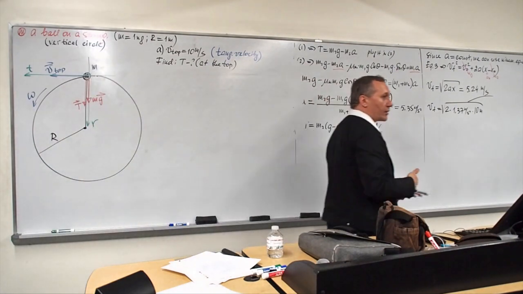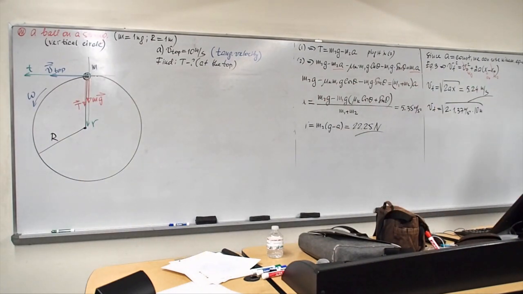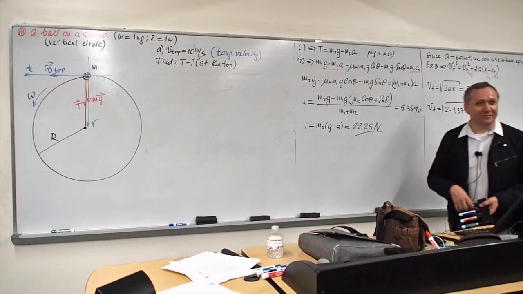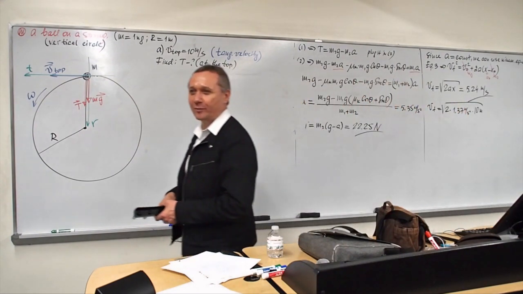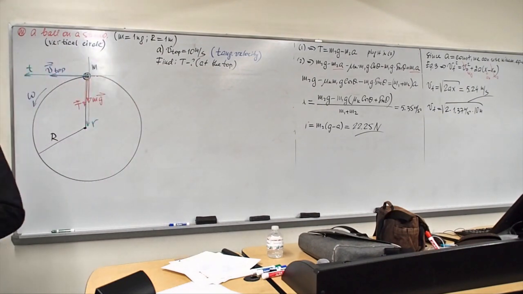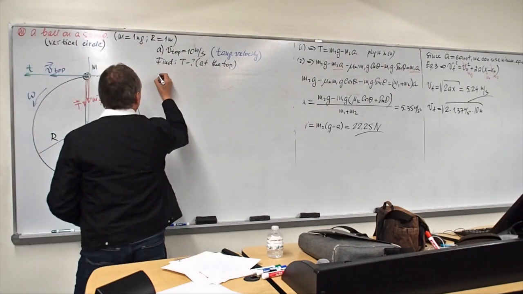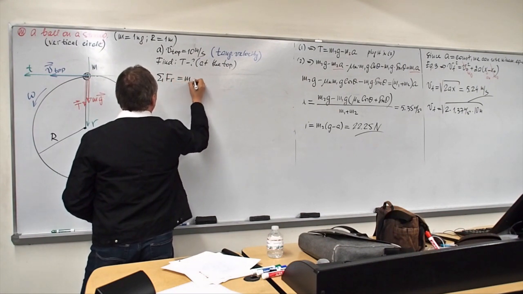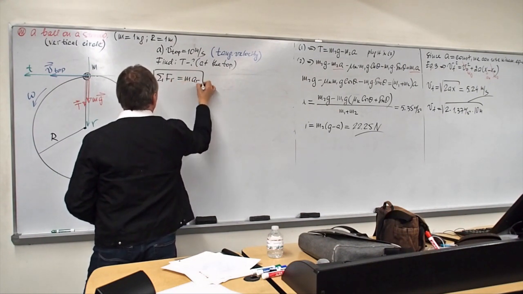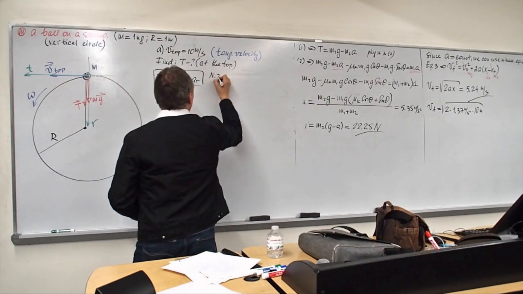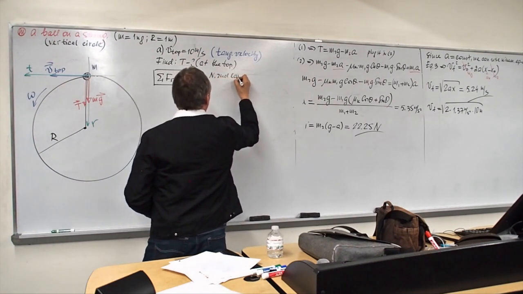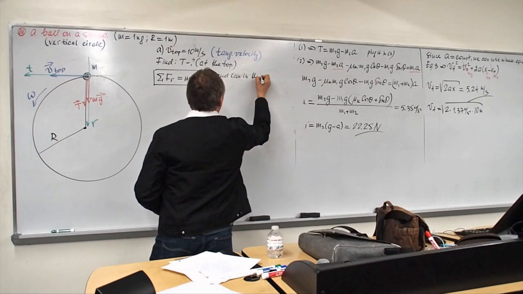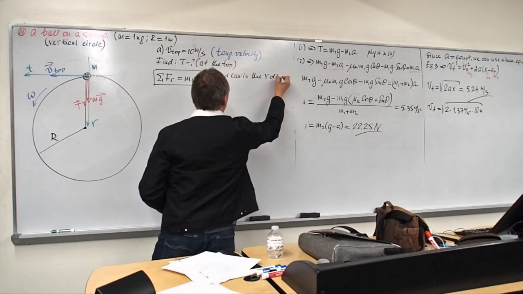In the tangential direction, we assume that there's no acceleration and there are no forces. Force equals 0, acceleration equals 0, uniform circular motion. Sum of the forces in the radial direction equals mass times acceleration in the radial direction. Newton's second law in the r direction.